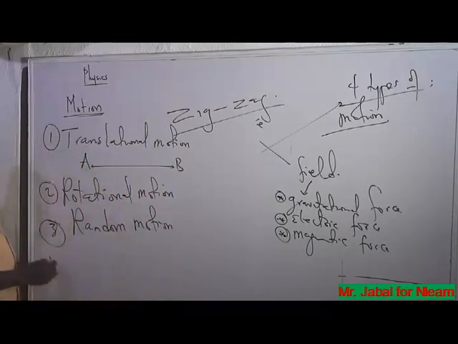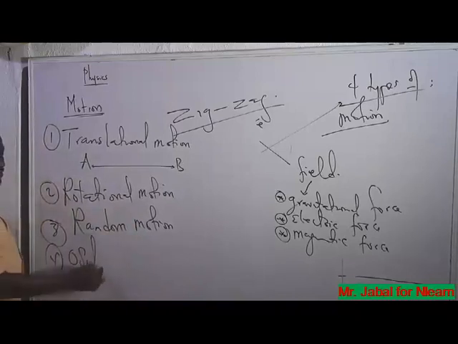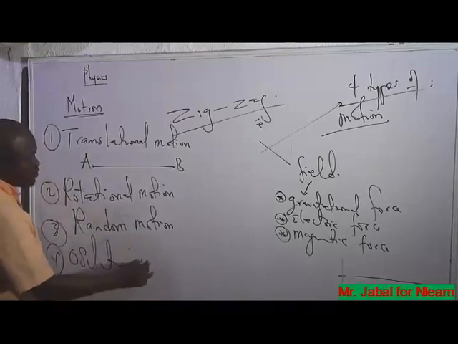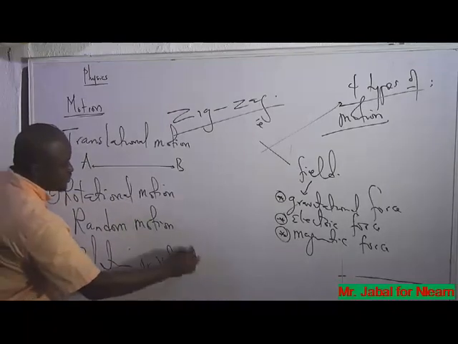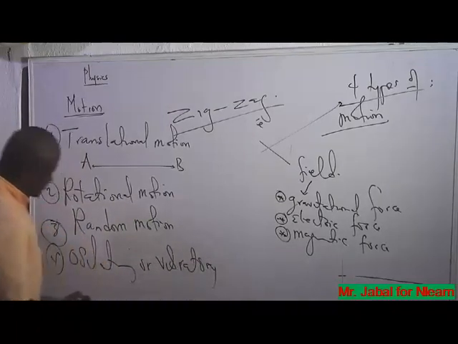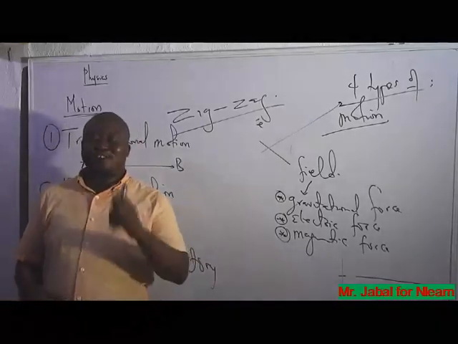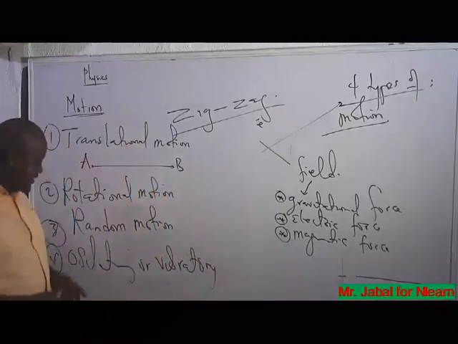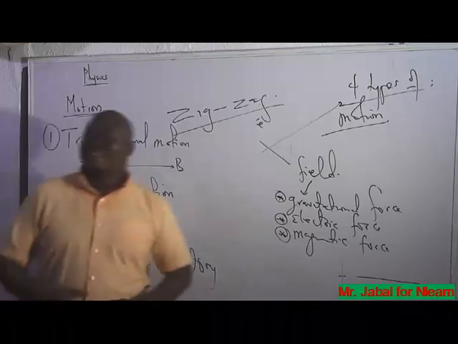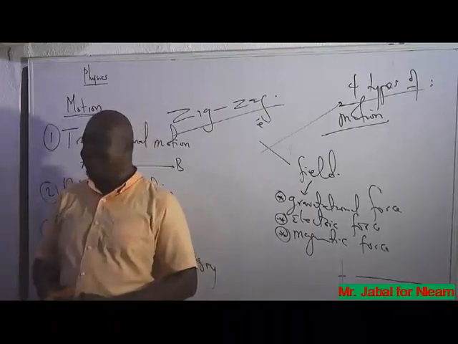The fourth type of motion is oscillatory or vibratory motion. Oscillatory motion is a kind of motion that passes through a successive path.